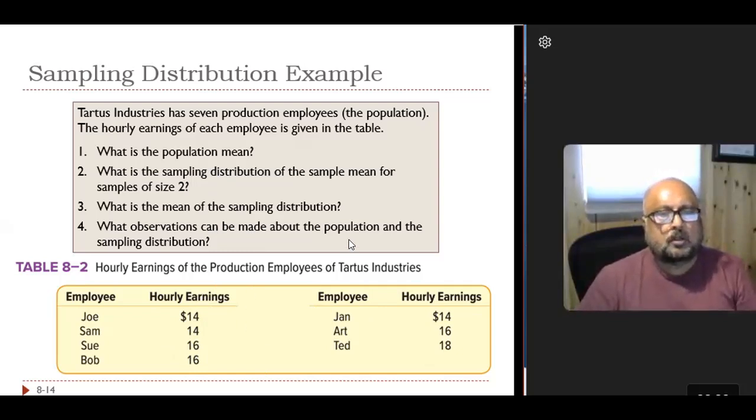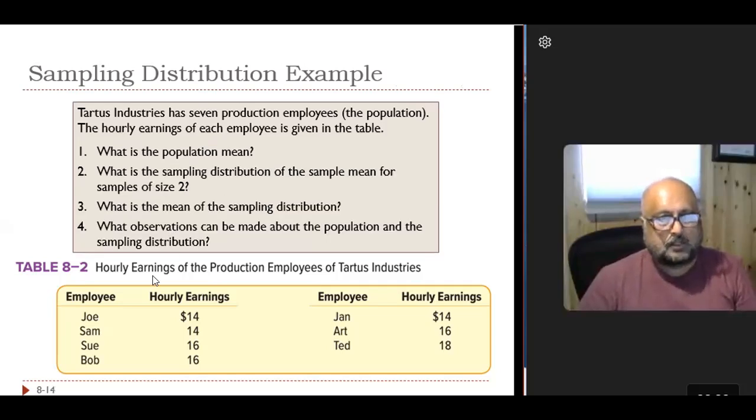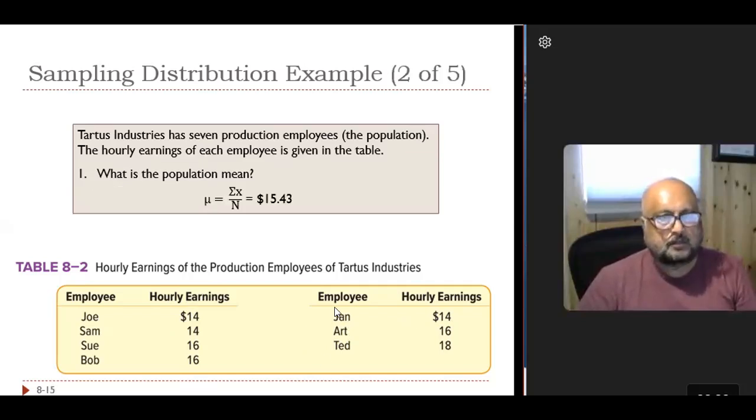So population mean means the mean of all these. The formula for the population mean is sigma x, all the numbers added up, divided by the total number. You add all these numbers and divide by 7, we get 15.43. That's the mean earning in the population.